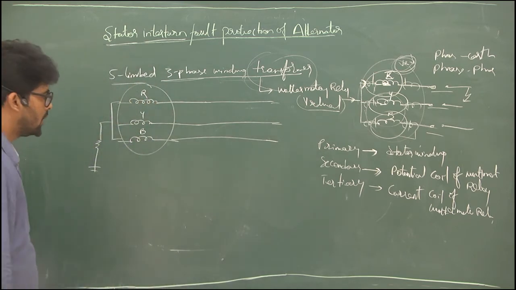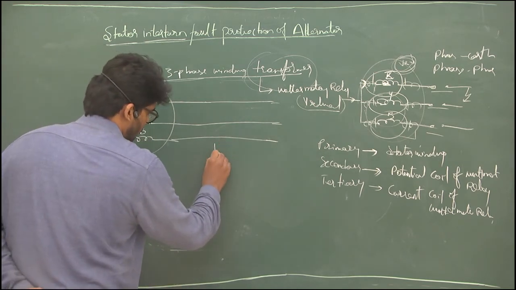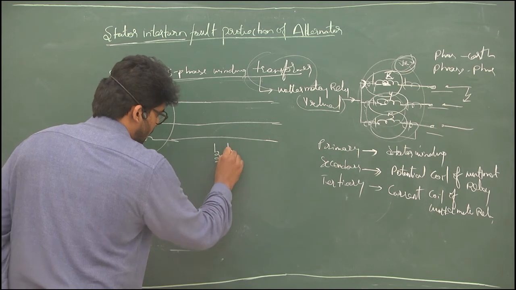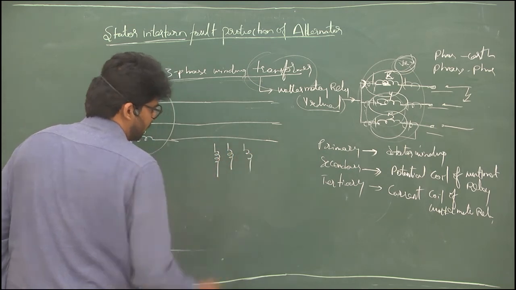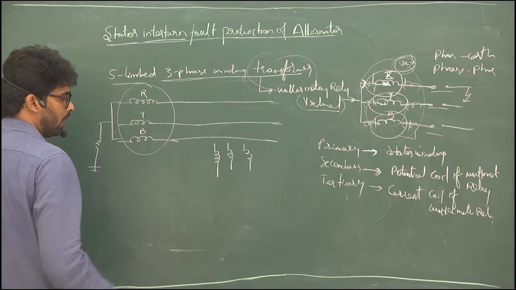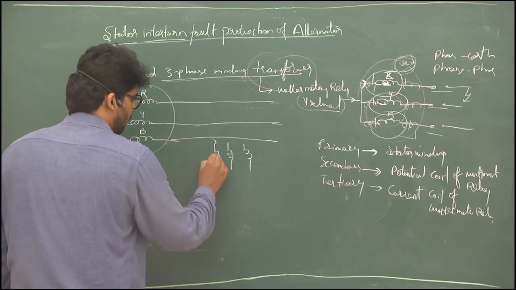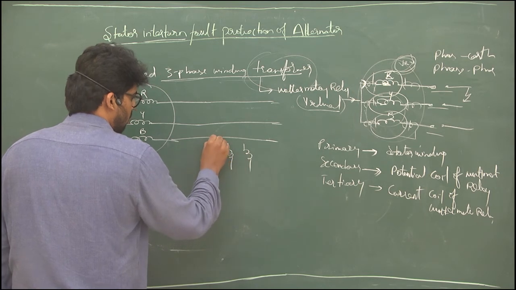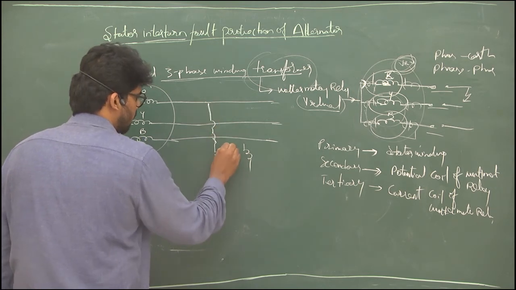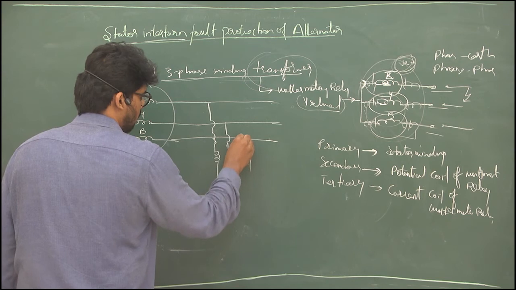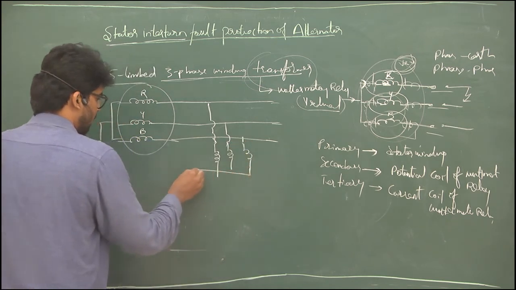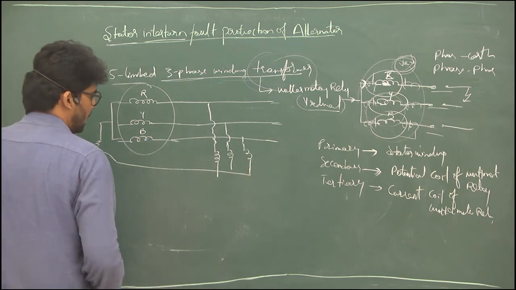Okay. So listen carefully, guys. Let us say this is the primary section of the winding of the transformer. Here we have R phase, Y phase, B phase. These are fed to each individual phase. And then it is star connected, which is connected to ground.